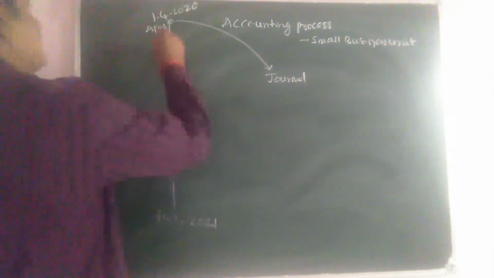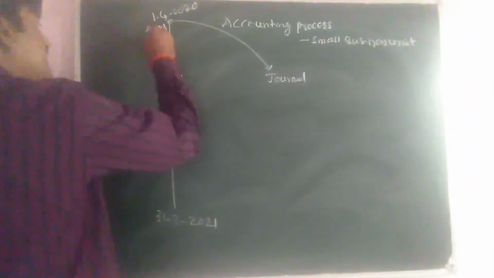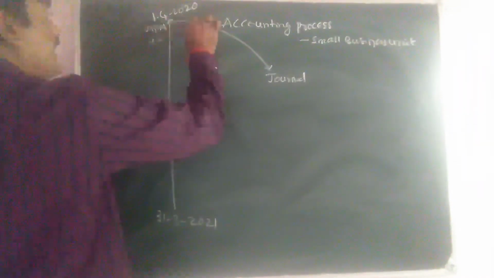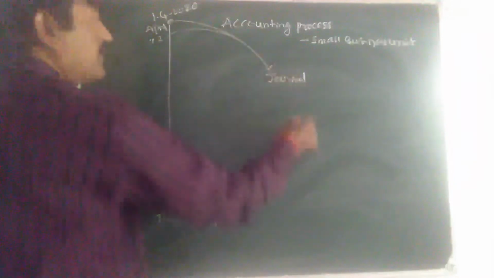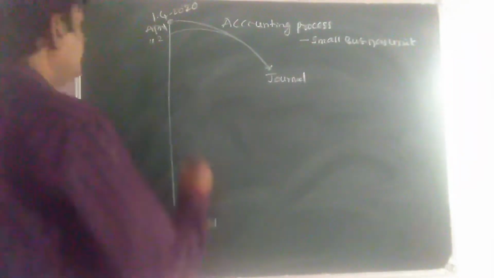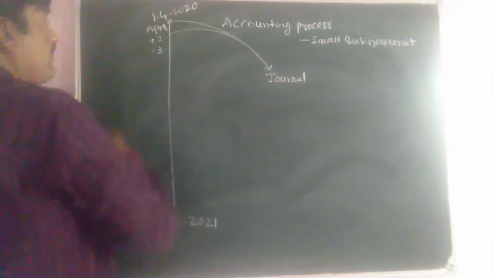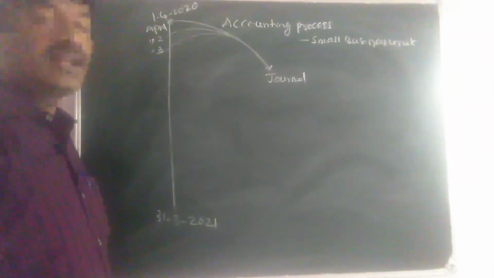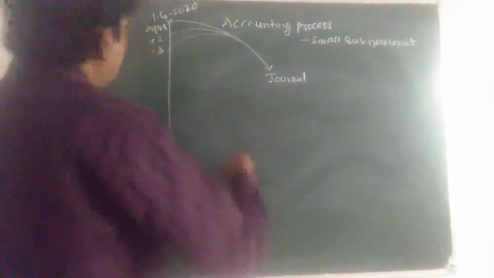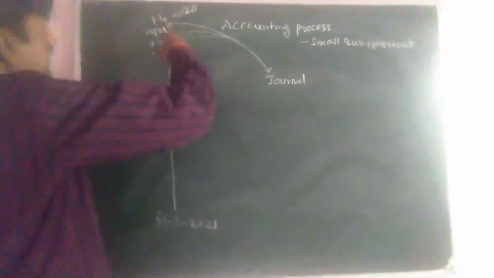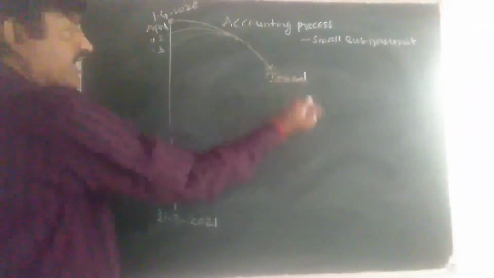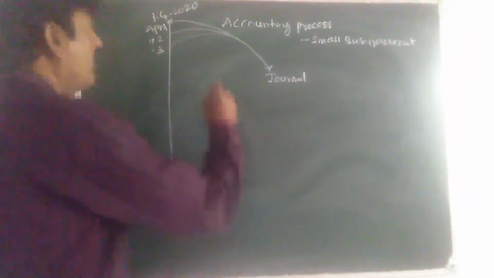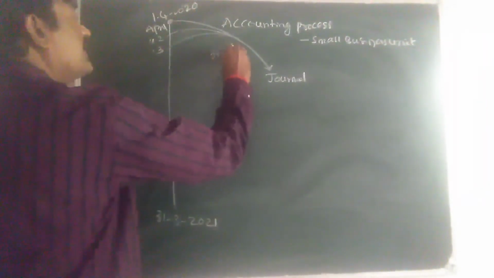After completion of April 1st, again what will start? 2nd April. 2nd April transactions are also recorded in the journal. After that, 3rd April transactions are also recorded in the journal. The process of recording the transaction in the journal is called journalizing.